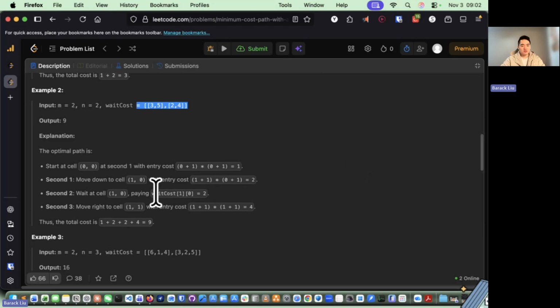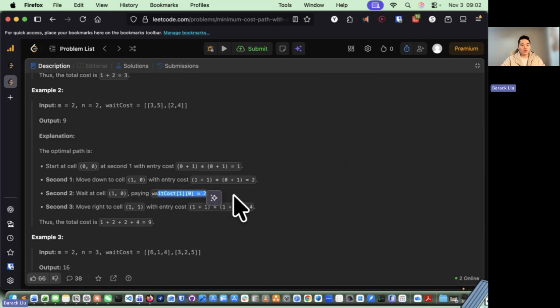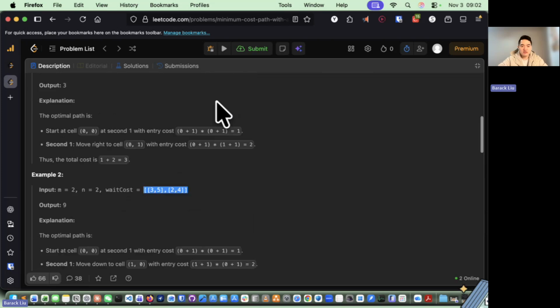But here we need to wait in the cell (1, 0). But what is given here is waitCost 3524. What does that mean?